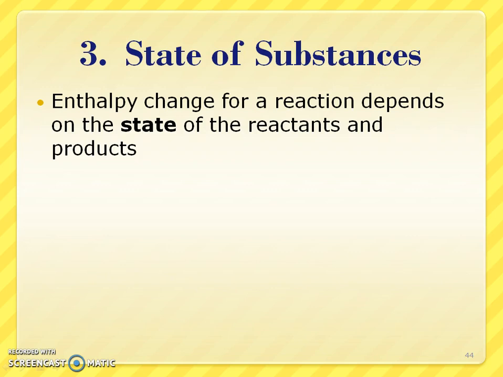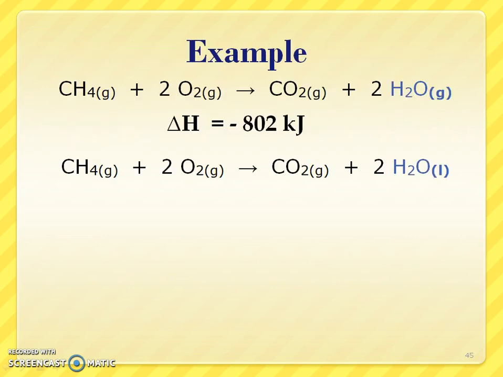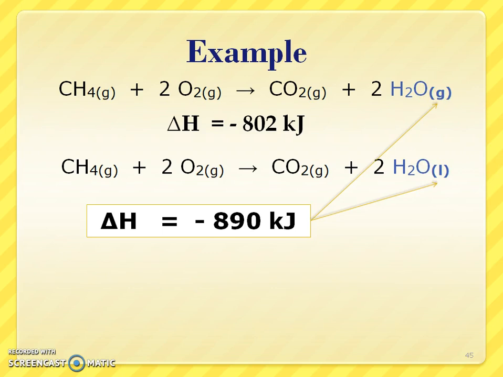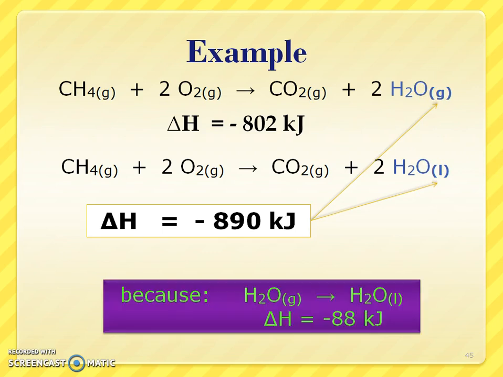The state of substance also is very dependent on delta H. Well, let's look at this. We have that same reaction again, and now instead of forming gas water, we formed liquid water, and now our delta H of this reaction is going to be different. Well, why? The process of going from H2O gas to H2O liquid also takes heat energy.